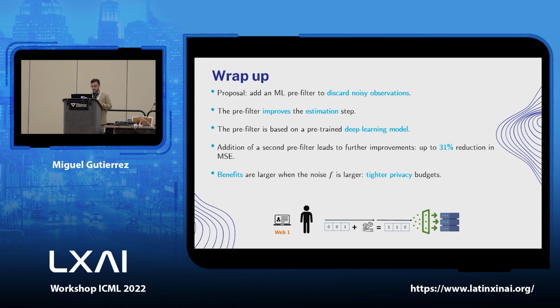This means that we have higher privacy budgets, so we can guarantee more privacy and get more accurate estimations. So just to finalize, we can add some noise just to guarantee privacy, and then we have this pre-filter that will help us discard noisy observations.